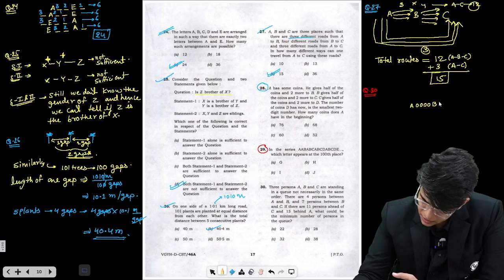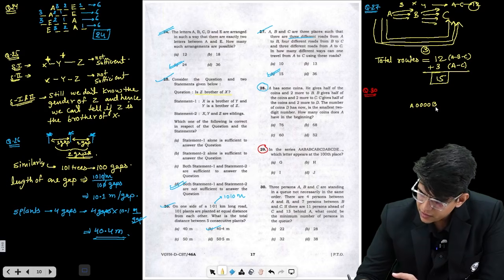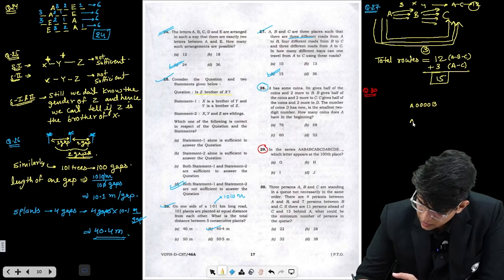There are 7 persons between B and C. Now there are 7 persons between B and C. So we have 2 possibilities.